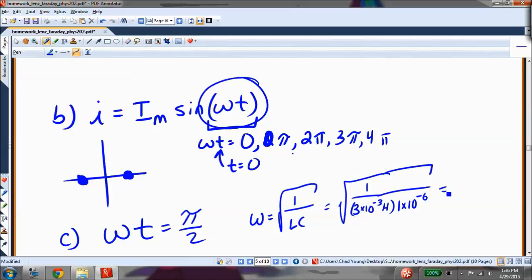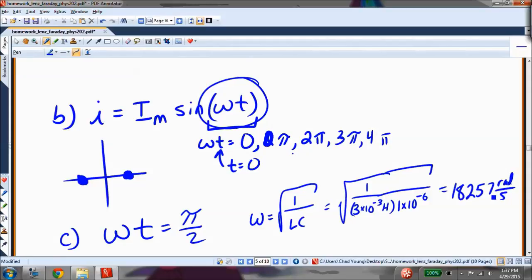And that angular frequency, let's see, I get 18257. I'll keep all those sig figs even though they're not really significant. This is in radians per second.